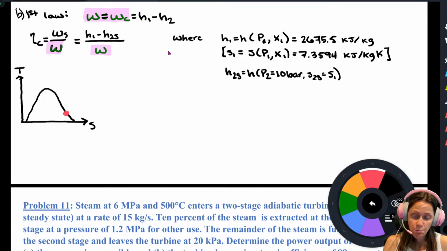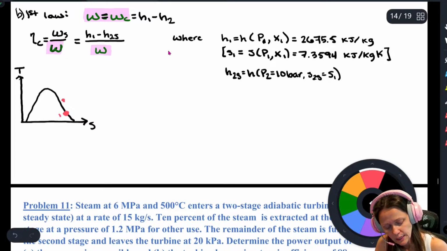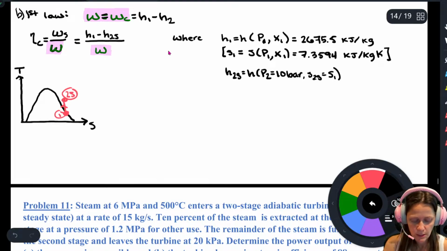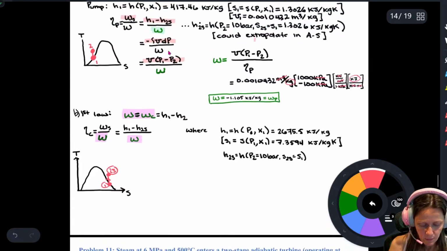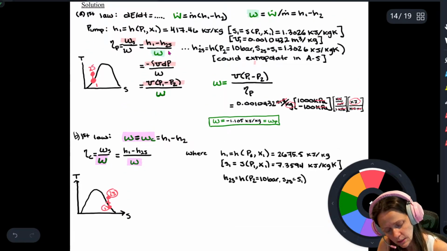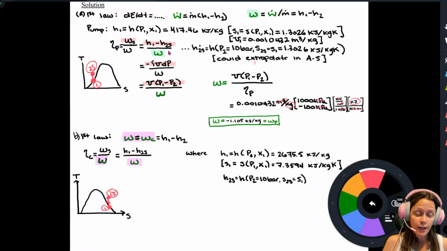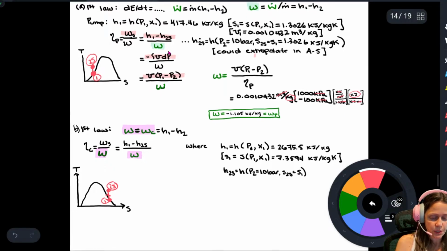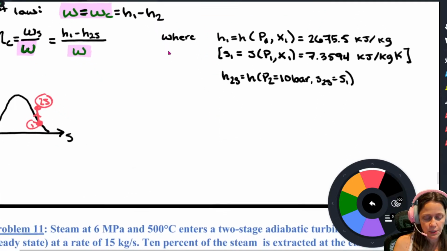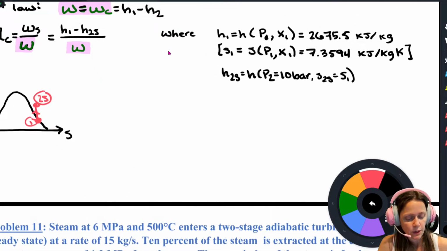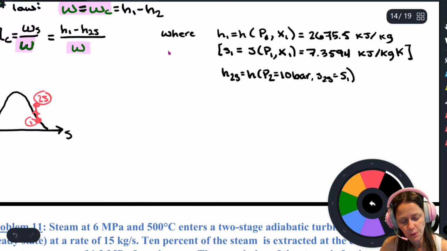If you're compressing it, the pressure's going up, the temperature's going up, and if it's isentropic, then clearly it's going to go into that superheated region. So that's state 2s. I should have written this as 2s. You can verify that it's superheated. So let's go look in our superheated tables and figure out what that corresponding H value is.